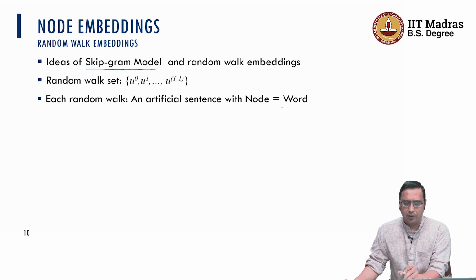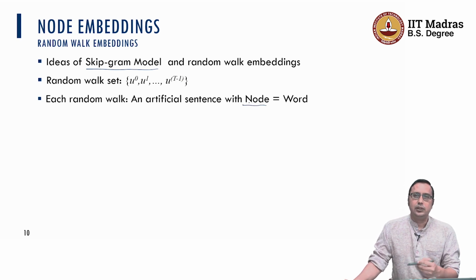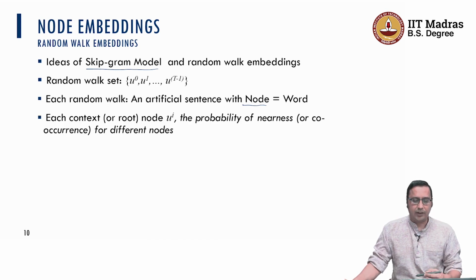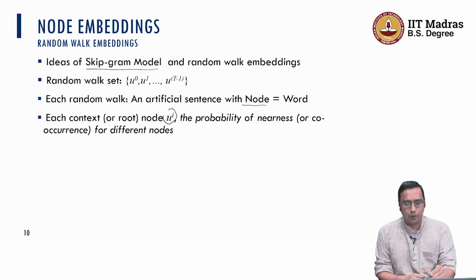So a node can be thought of as a word, and then we can try to use the skip-gram model where we are interested in, given a context node u_i, what is the probability of nearness of different nodes in our graph, or what is the probability of co-occurrence of different nodes given the context node u_i.